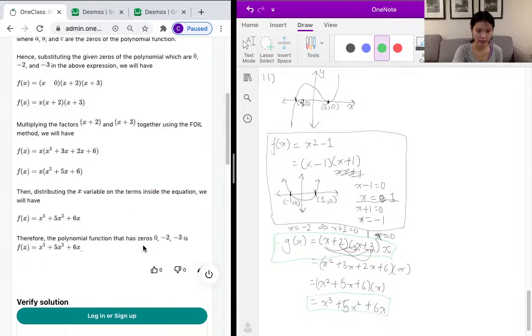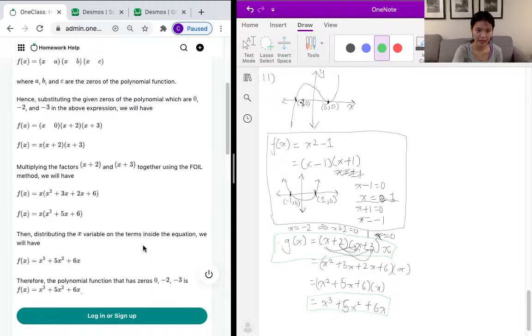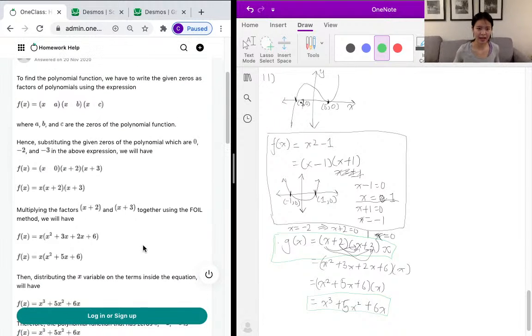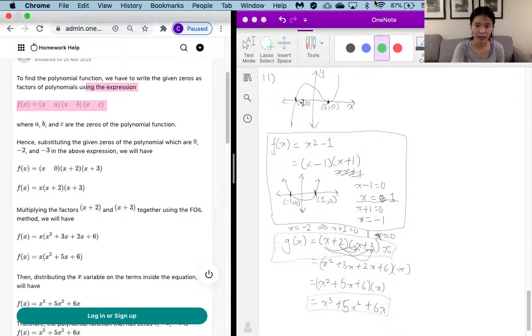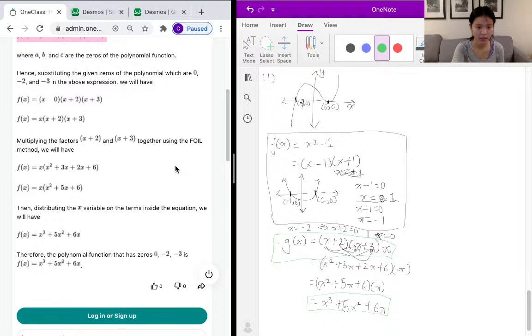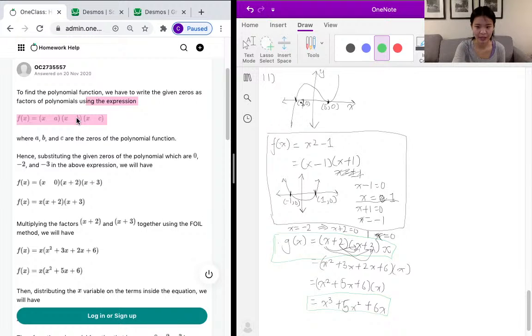The sample solution here, yep, they gave a brief explanation, but they just give you the expression without really explaining it too much. I guess you can also do that. That would also be a way to do it. You just use the expression.